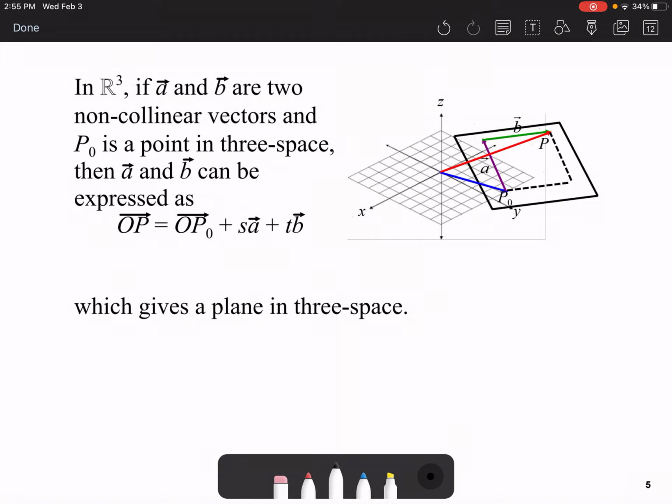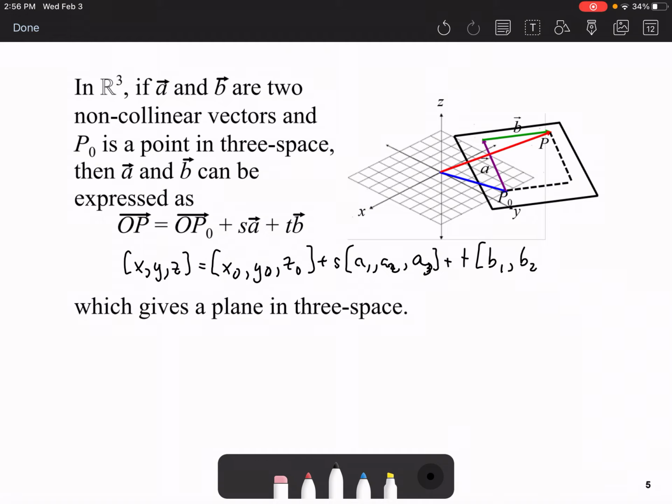So another way of writing this is x, y, z is equal to some original point, x sub 0, y sub 0, z sub 0, plus some scalar multiple of the vector A. Let's call them A1, A2, and A3, plus some scalar multiple of the vector B. We'll call that B1, B2, and B3.